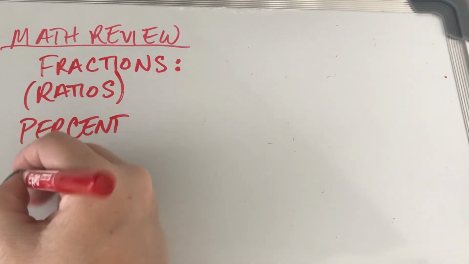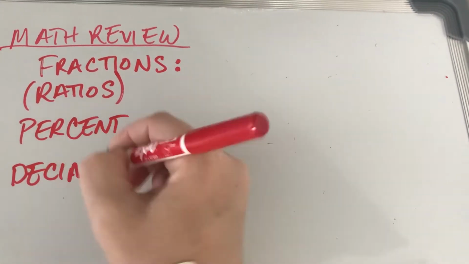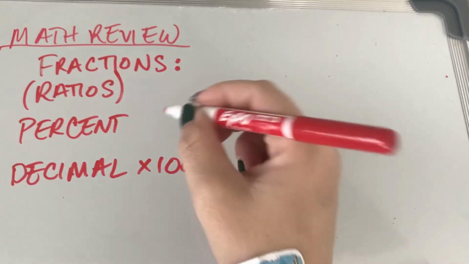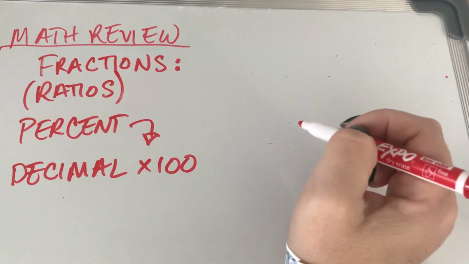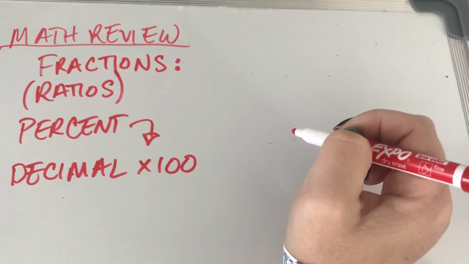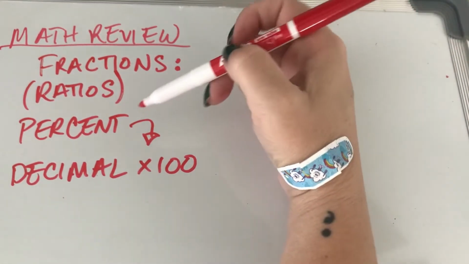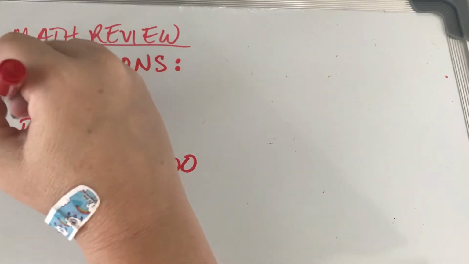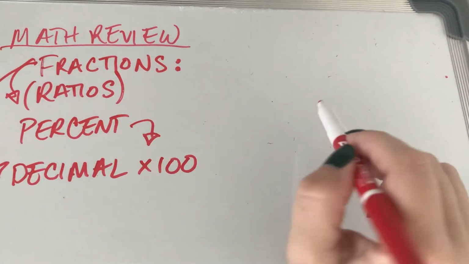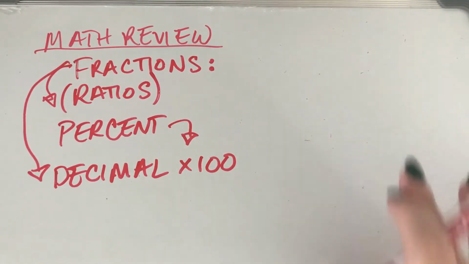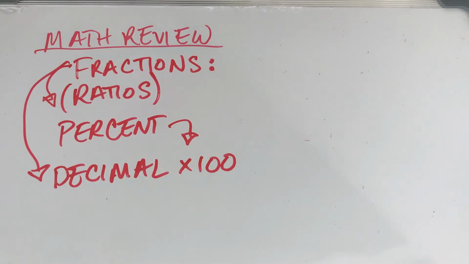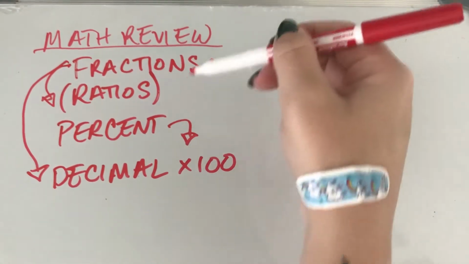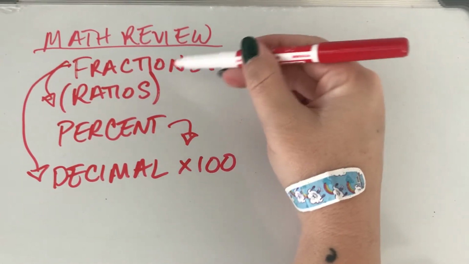Yeah. So let's say you have a decimal. Times 100, that's what gives you a percentage. Is everybody with me? We're okay? Cool. So to me, these three things are basically the same, because a fraction can be reduced to a decimal, and a ratio is just a fancy $25 word for a fraction.